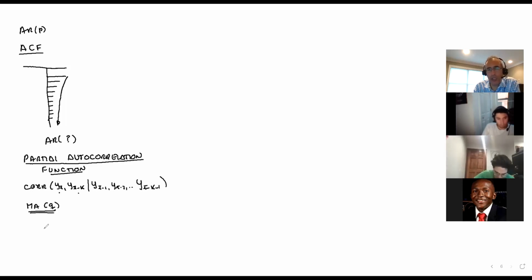Okay, so in the MA process, take a look at how we can measure that. Remember the MA process, guys, is simply yt equals mu plus (1 plus theta 1 L plus theta 2 L squared plus ... plus theta q L^q) that multiplies ut.